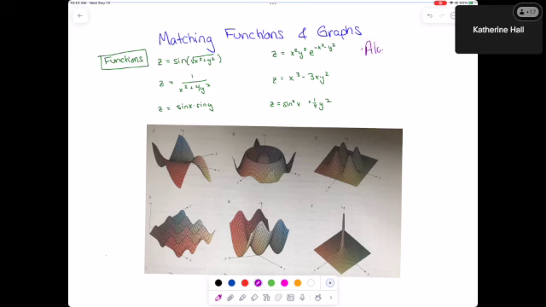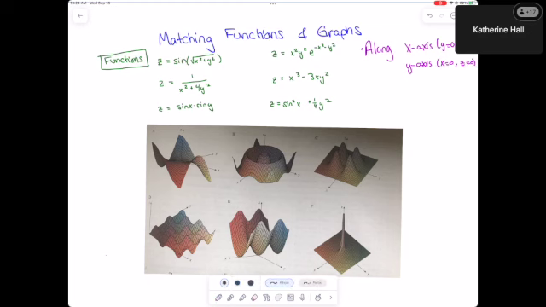So along the x-axis, when y equals 0, and along the y-axis, when x equals 0. We want to think about the z values along those.